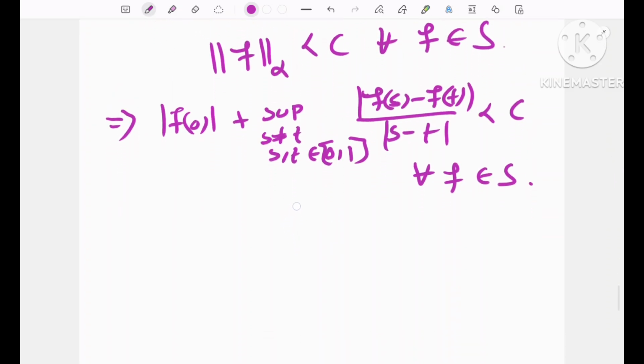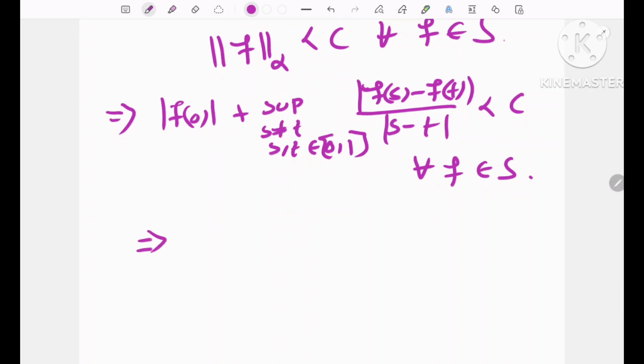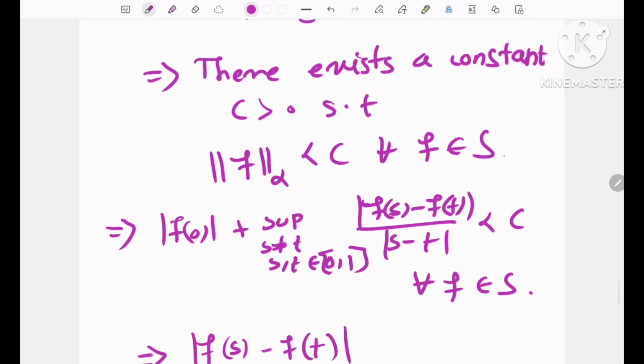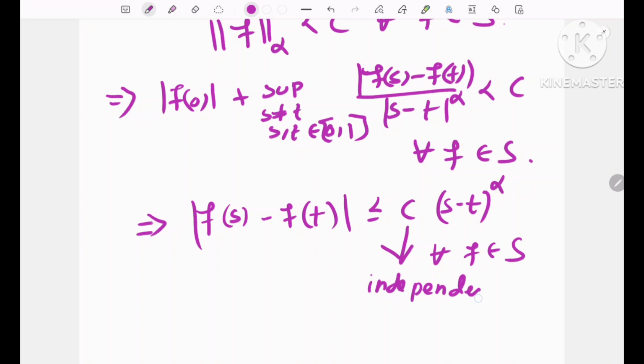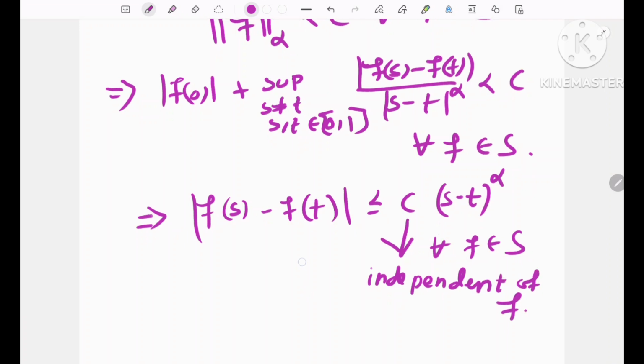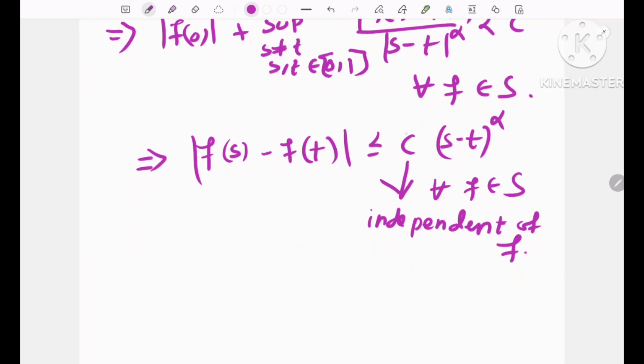From this we can conclude that |f(s) minus f(t)|, I forgot one thing here, is less than or equal to C times |s minus t| to the power alpha, for all f belonging to S. The interesting thing is that this constant C is independent of f.